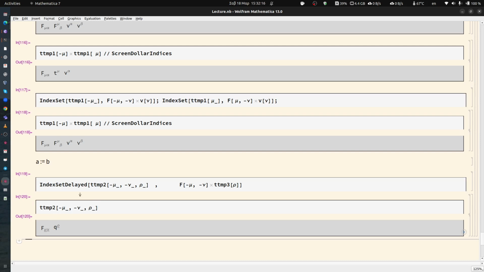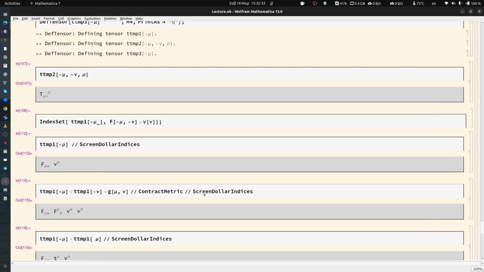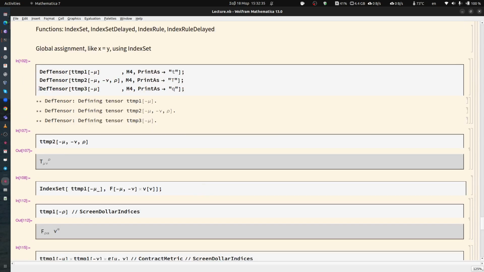You see now that we obtain, in place of TTMP2, F times Q. You remember that TTMP3 is printed as Q in our definition here.